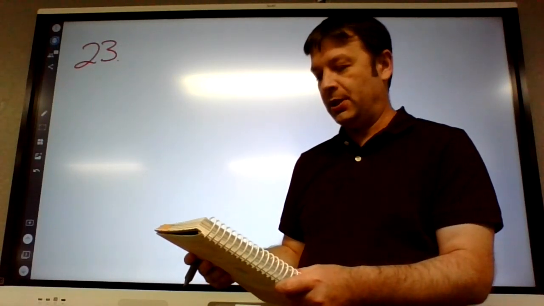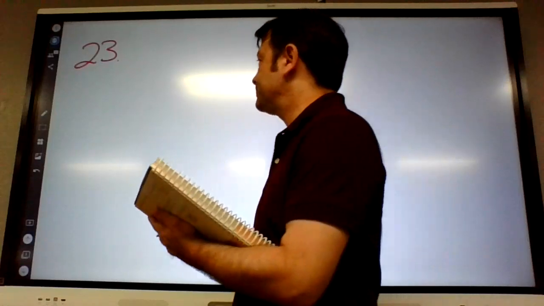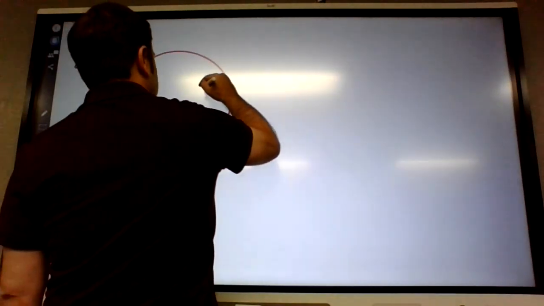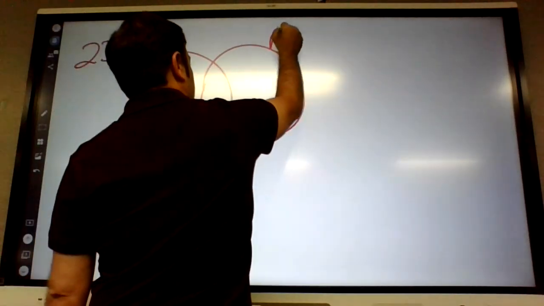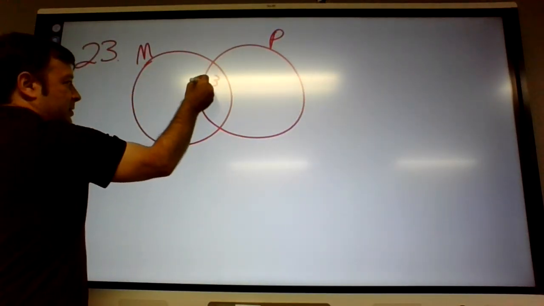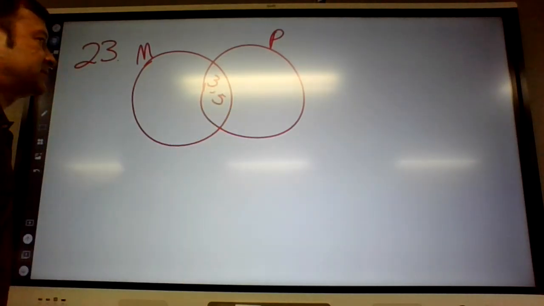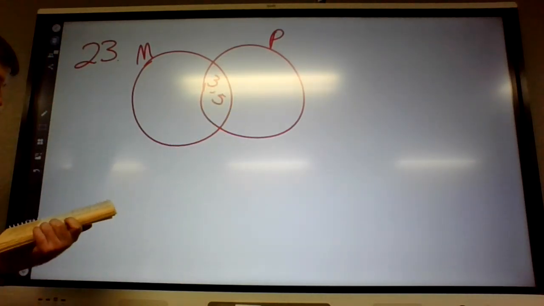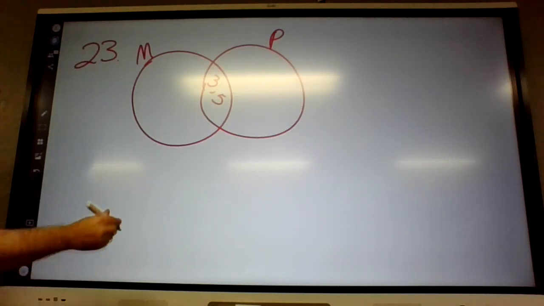Okay, 23. M and P. What do M and P have in common? 3 and 5. So, how are we going to do that if the only thing in P is 3 and 5? Well, just going to do that. 3 and 5. What else is in M? 2, 4, 6.